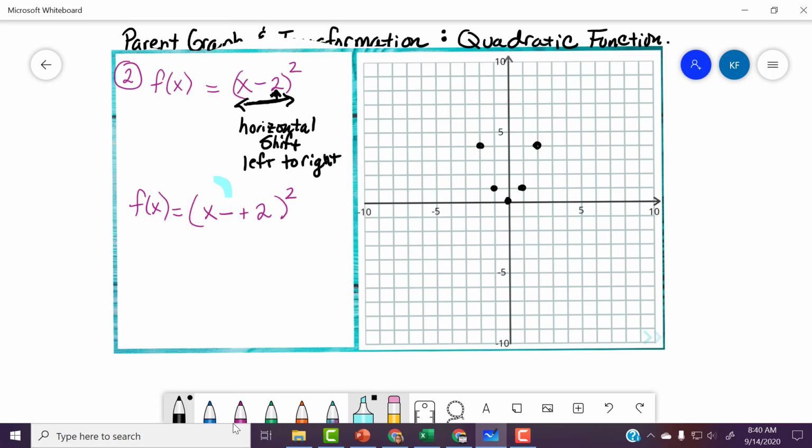This is how all the graphs are going to work. And so you're moving right 2. So all these values are going to move right 2. I know it looks strange because when you look at the original equation, it looks like you go left, but you don't. There are some hidden signs in here, so you have to look out for those. So I'm going right 2.